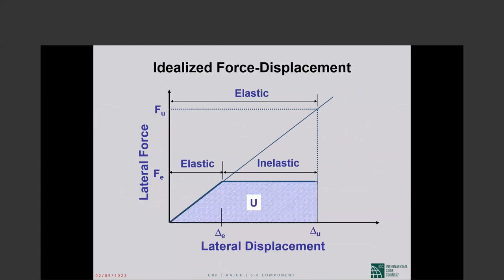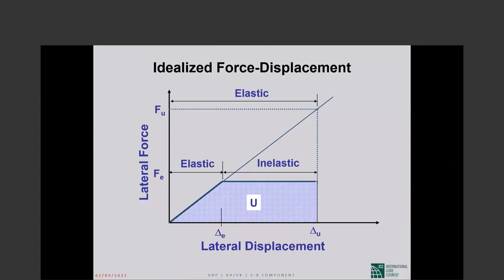This figure you have seen at least twice. I bring it up a third time to make a couple of the points that I made yesterday, which is that seismic design is a two-part affair.